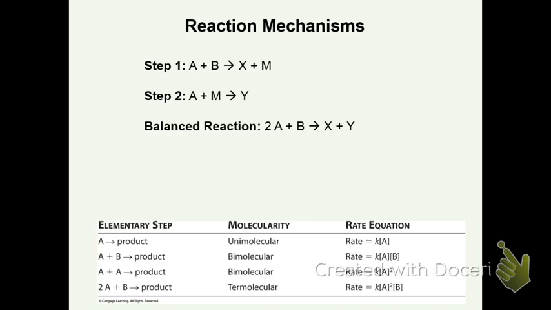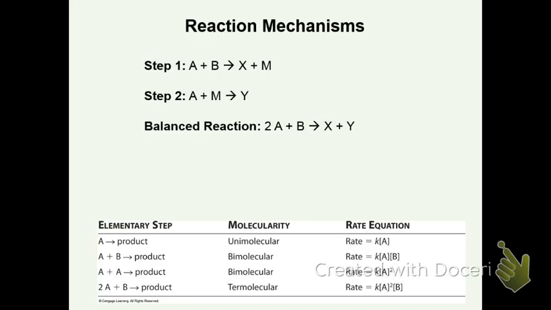In the first case here, we have two different reactants reacting, so the rate is equal to the concentration of A times the concentration of B. But if we have a reaction like this third case, where we have two molecules of A reacting, this is still a bimolecular step because two molecules are reacting, but the rate law would be the rate constant times the concentration of A squared.